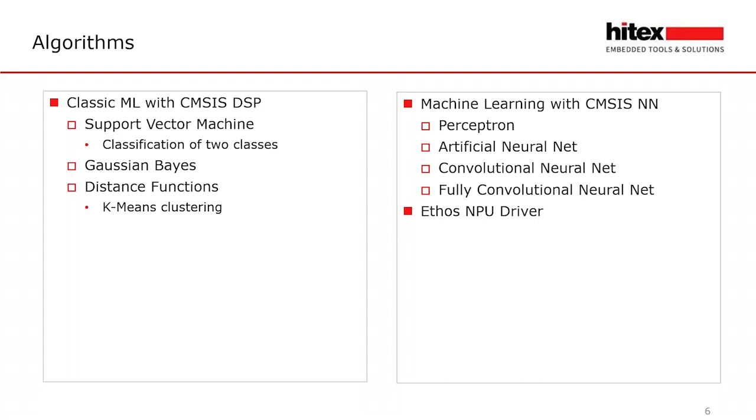So this can either support neural net algorithms purely in software, or with our newer microcontrollers, they might be fitted with the ARM Ethos neural processing unit, and ARM also provide a plug-and-play driver for their neural processing coprocessor as well.